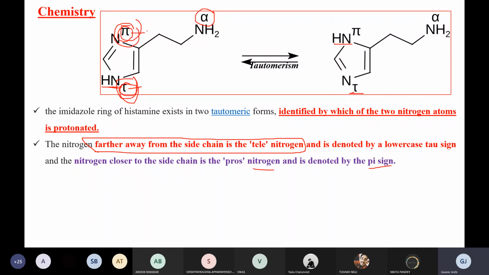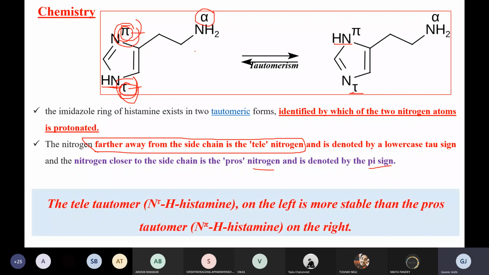The nitrogen close to the alpha amine is called the pros, and the nitrogen away from the alpha amine is called the tele nitrogen. So how does this influence the activity? We'll be discussing that.